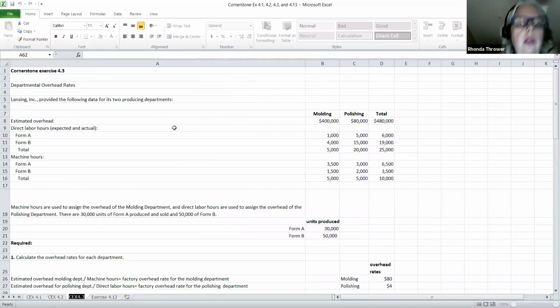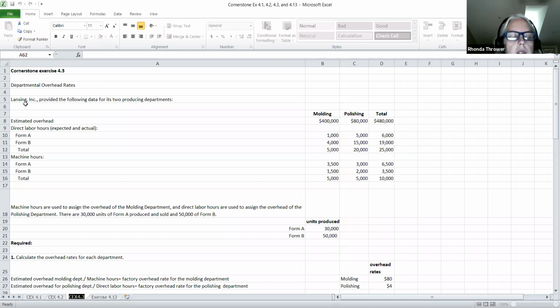In this one, instead of applying the factory overhead on a plant-wide basis, we're going to apply the factory overhead to the departments of the company. We're going to calculate departmental overhead rates for this particular company.